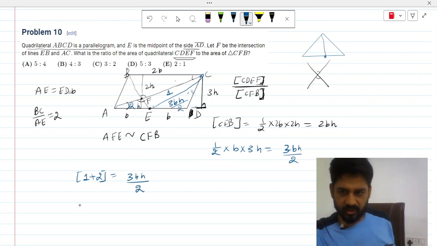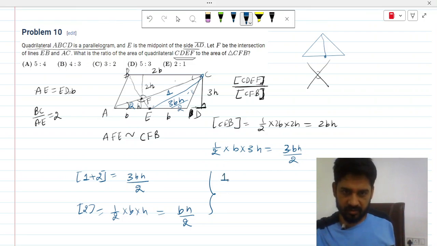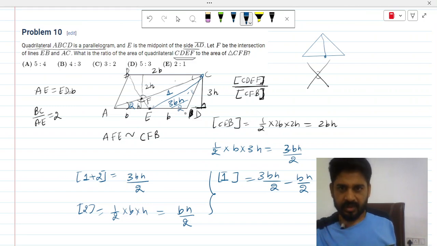And area 2 you can find, half base multiply height, so it becomes bh by 2. Now you can subtract, so you can find area 1. Area 1 will become 3bh over 2 minus bh over 2. So 3 by 2 minus half becomes bh directly. Using that you can find this area.